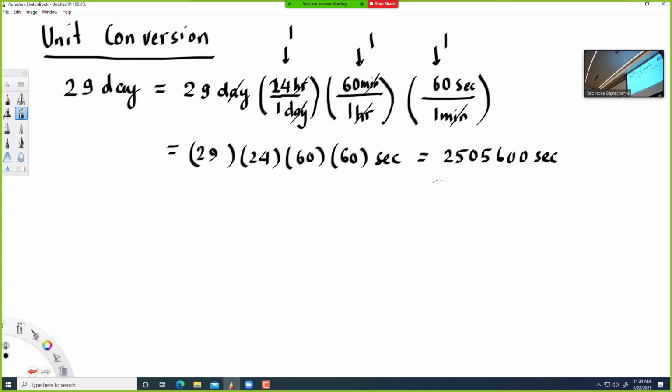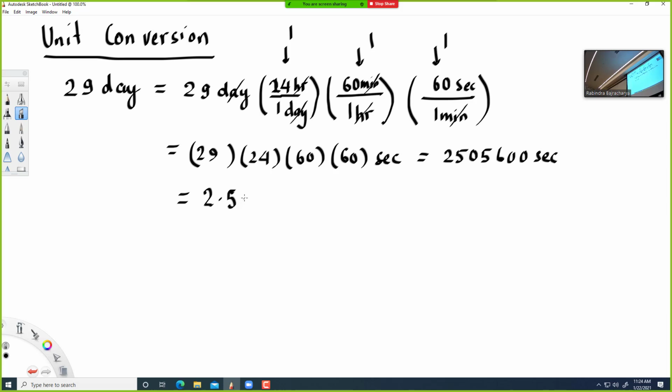Now you don't want to write the number like this. You don't want too many digits. So like before, we will express this in scientific notation. Write the first digit and then put the decimal after that, and then write 1 or 2 digits. You don't want to write too many digits here. 1 or 2 would be fine.